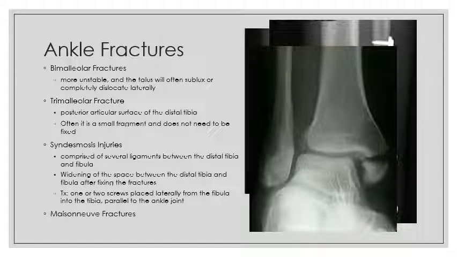So as I mentioned, there's a fracture of the medial malleolus or injury to the deltoid ligament, and then syndesmotic injury. As you can see, there's already a gap here, so this could indicate an injury to the syndesmosis.